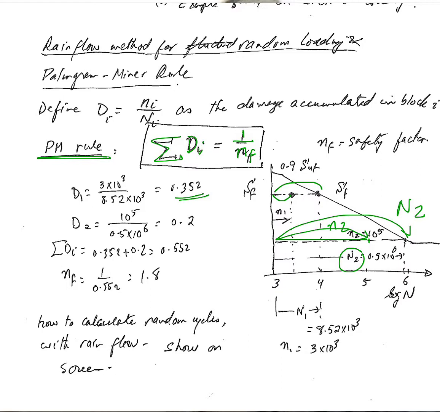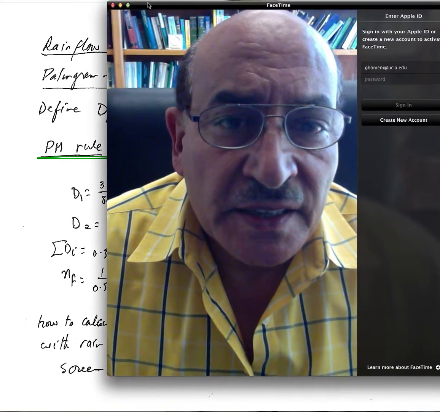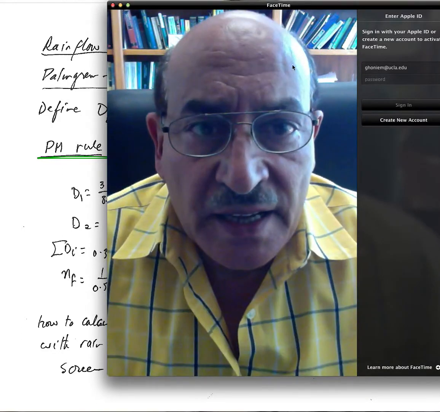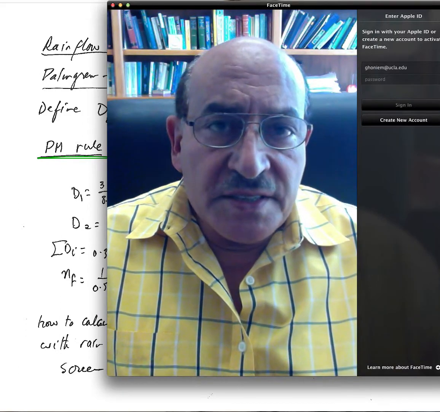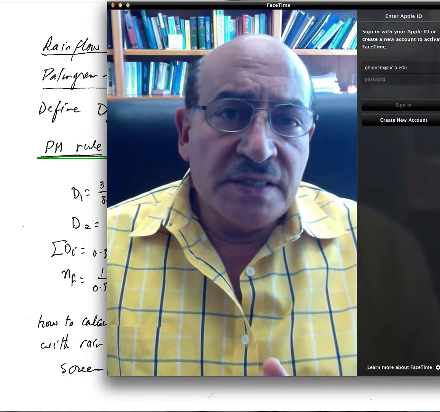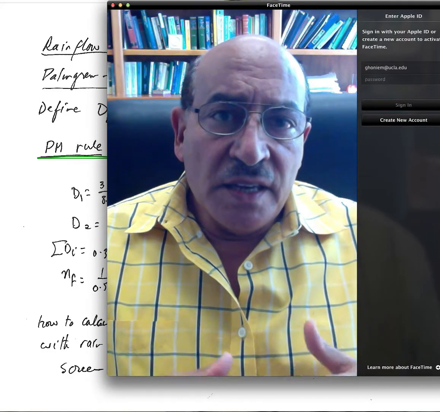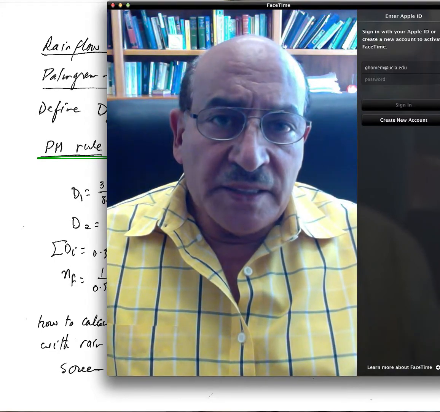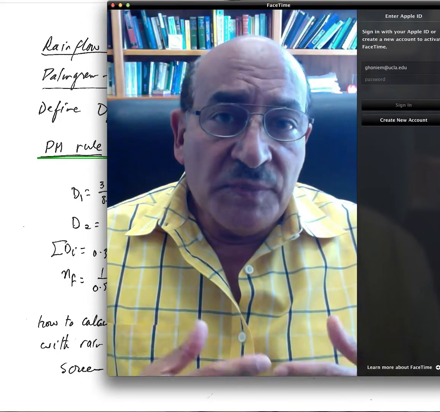So that's kind of the way that we would use fatigue calculations to accumulate the damage on the basis of the very simple PM rule. Well, you can see from here that there are some weaknesses of this rule, because suppose that we apply a large number of cycles that makes the material weak.